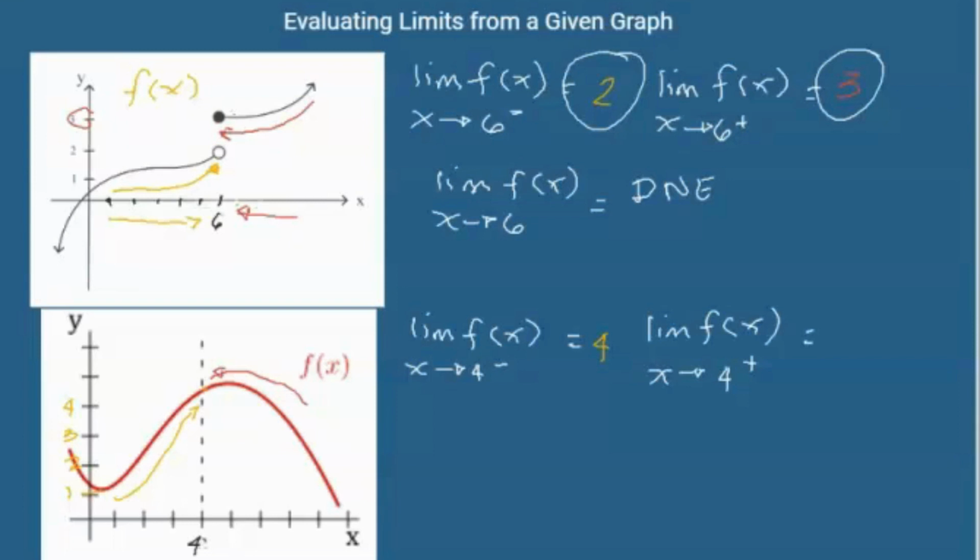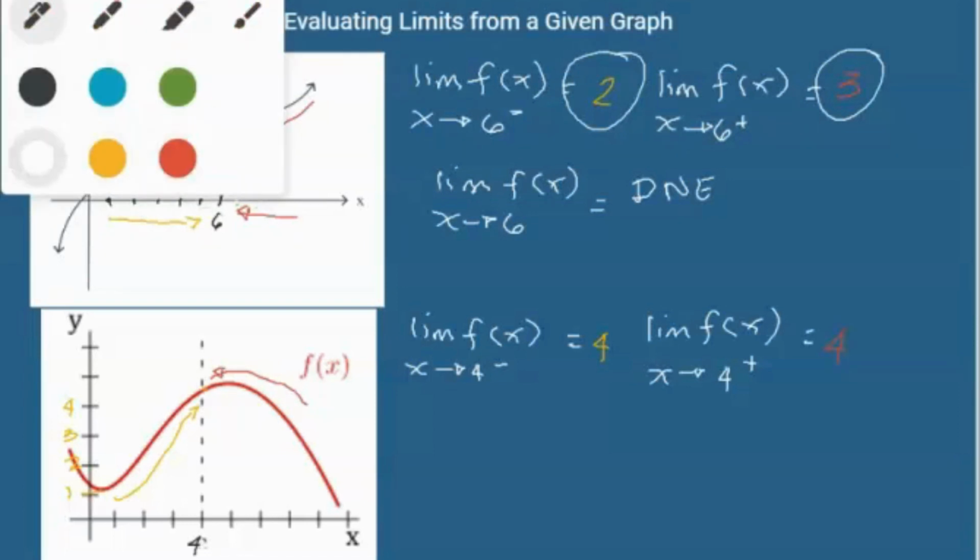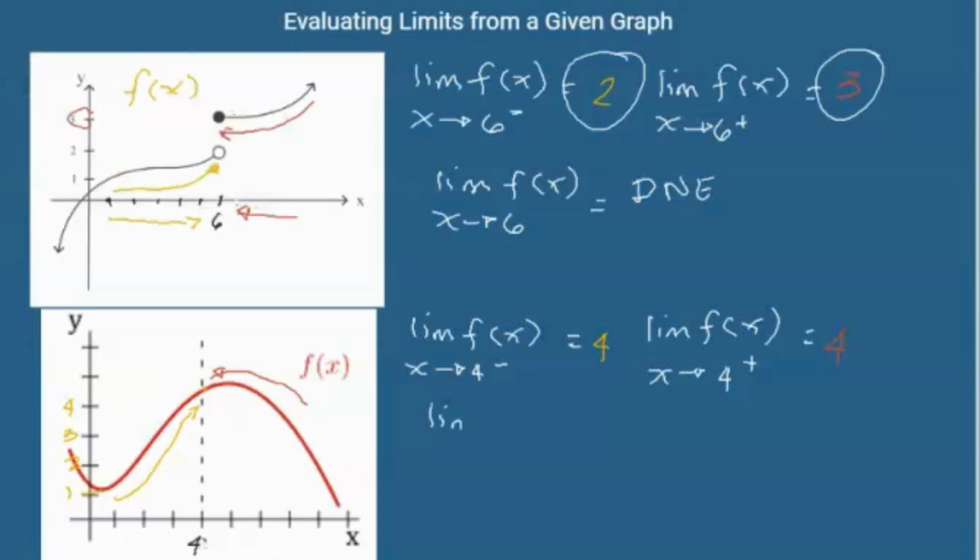So it's also 4. So now let's find the limit of the function as x approaches 4. Our left-hand side is equal to the right-hand side, therefore the limit exists, and that is equal to 4.